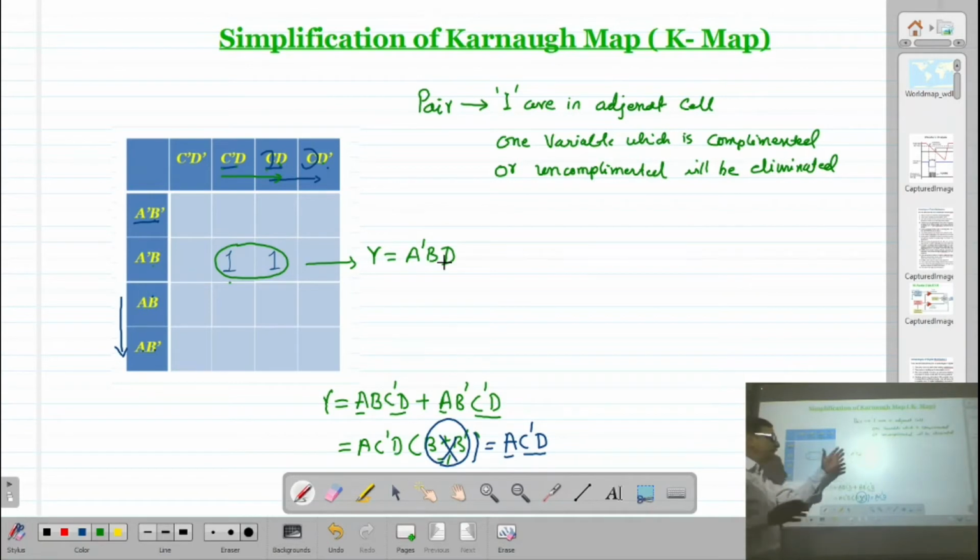And the variables which are going to change, that you have to eliminate from this expression. I think so. Now it is very clear that if we find a pair in a Karnaugh map, then one variable is eliminated.